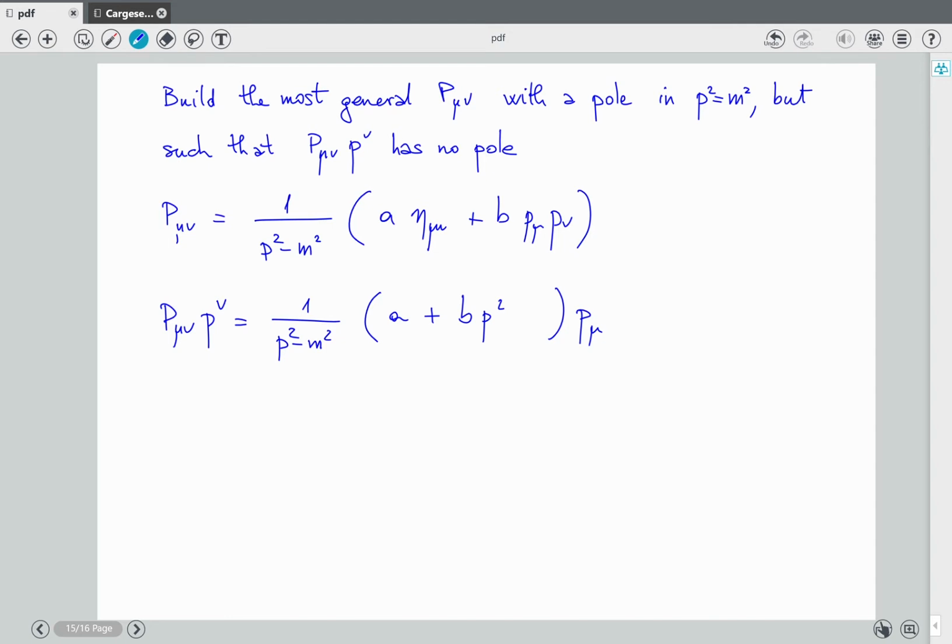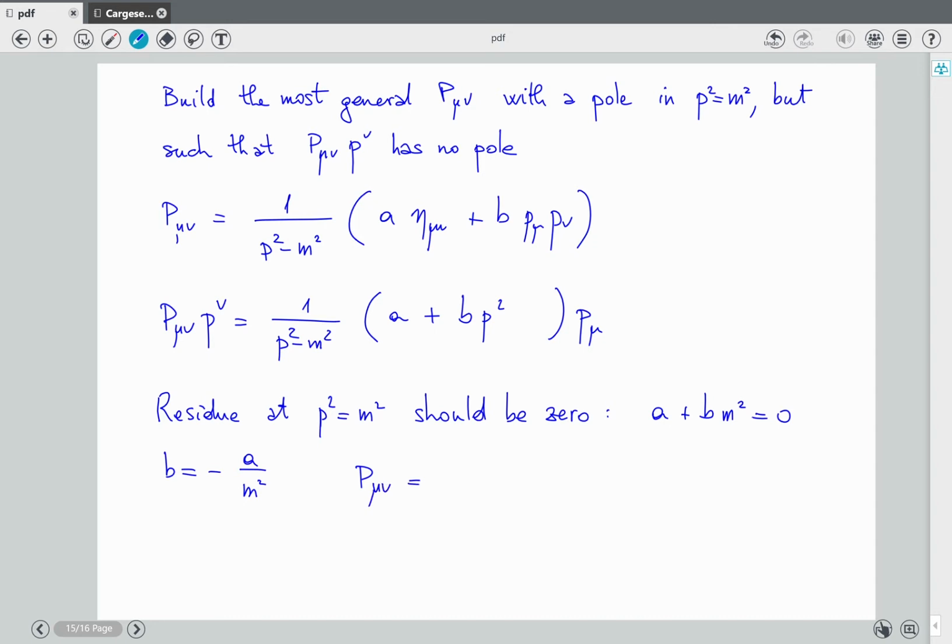The residue at P squared equal to M squared should be 0. And that means A plus B P squared equals 0 for P squared equal to M squared. And that gives B equal minus A divided by M squared.